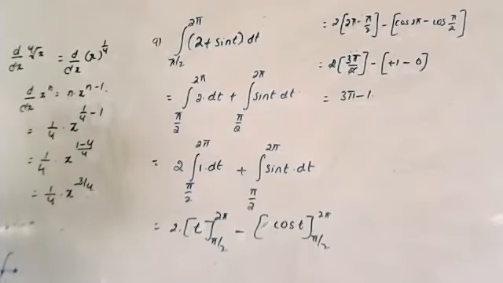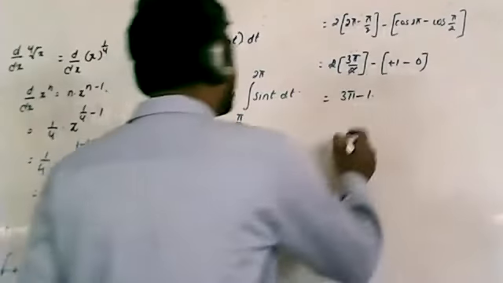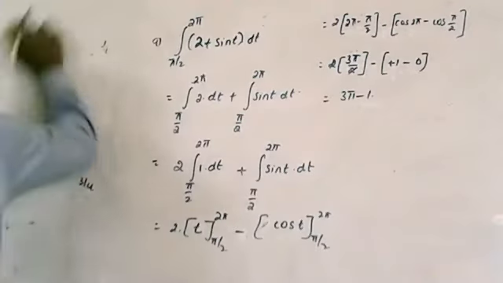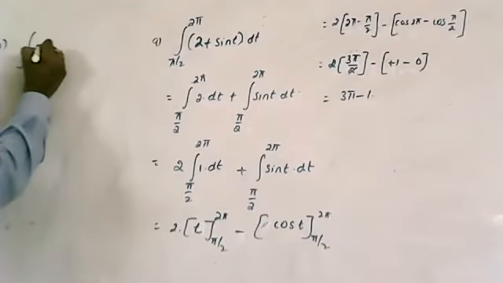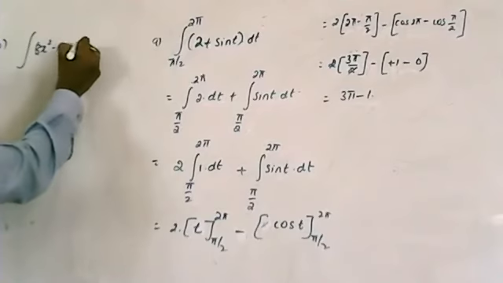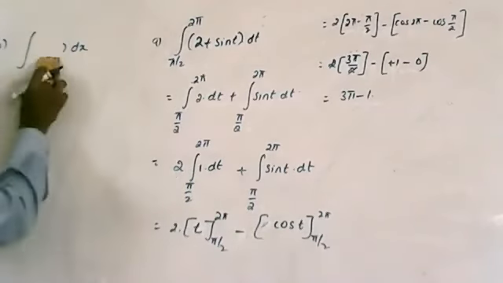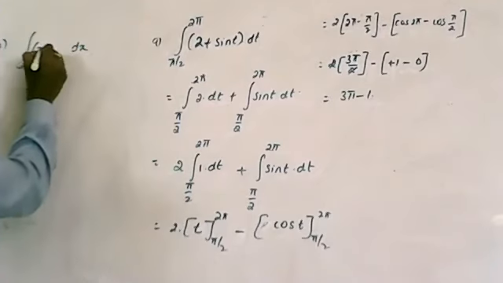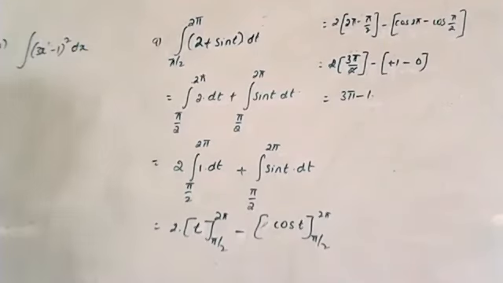Integration of 3x minus 1 whole square dx. This is the 10th question. Now remember, we don't have a direct formula like this for the integration of 3x minus 1 whole square. Now expand it in the form of a minus b whole square, which is a square plus b square minus 2ab.